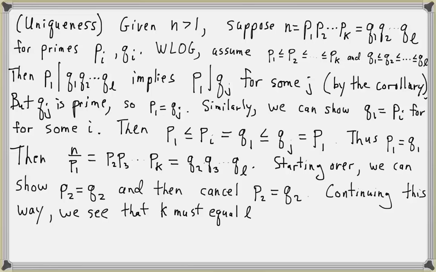And pi equals qi for all i. And we can conclude that the factorization into primes must be unique.